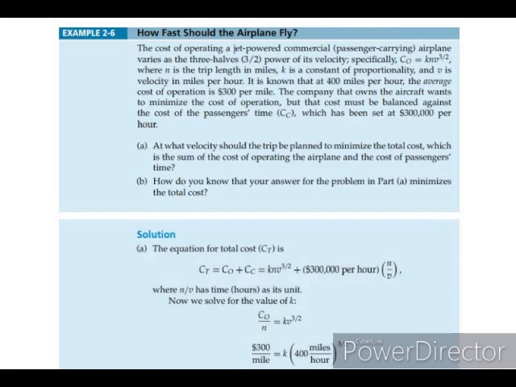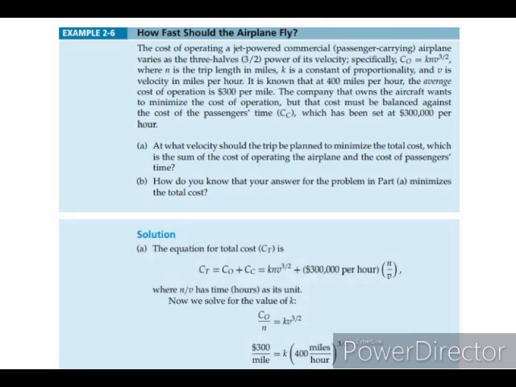The company that owns the aircraft wants to minimize the cost of the operation. Of course, every company wants to minimize the cost of their operation, but that cost must be balanced against the cost of the passenger's time. So it should be balanced, because customer satisfaction also matters.